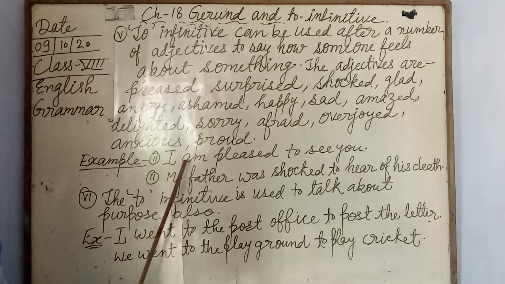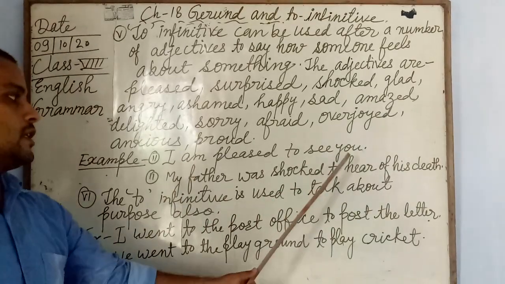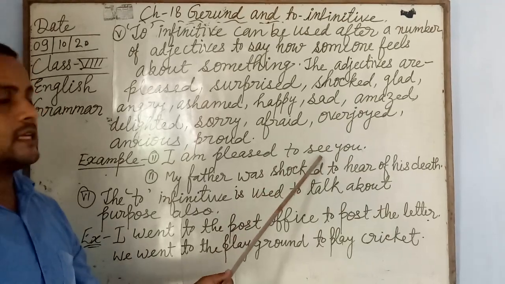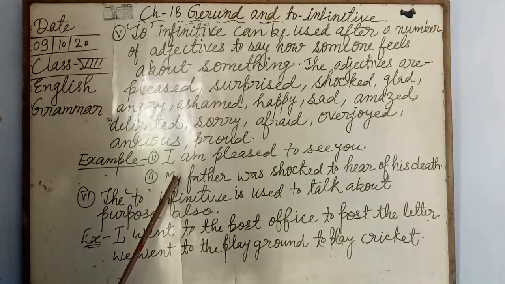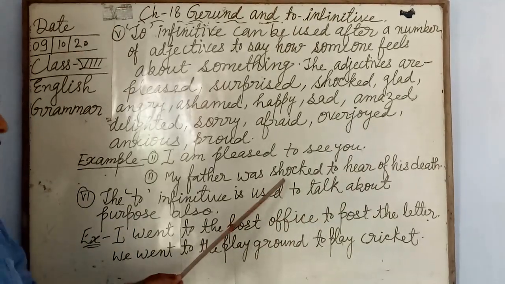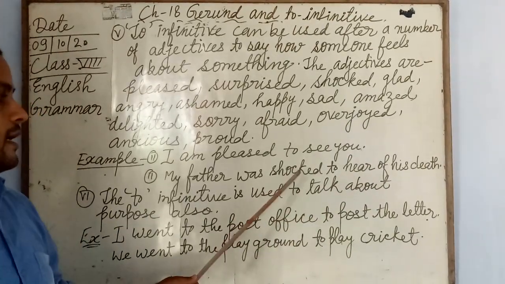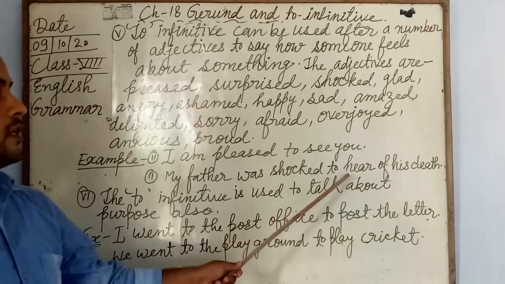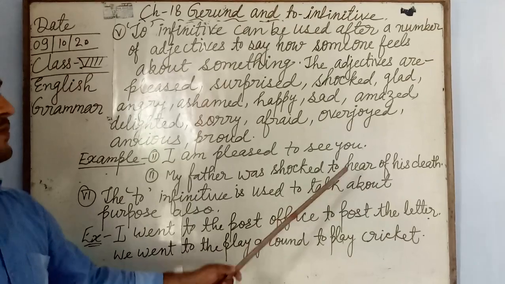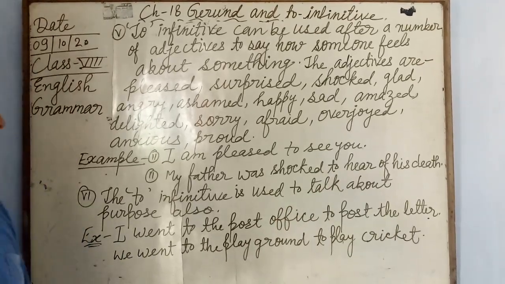Now see the example. I am pleased to see you. Pleased is an adjective, and after that to see is an infinitive. My father was shocked to hear of his death. Shocked is an adjective, and after this adjective to hear is an infinitive. So after these adjectives, infinitive is compulsory.